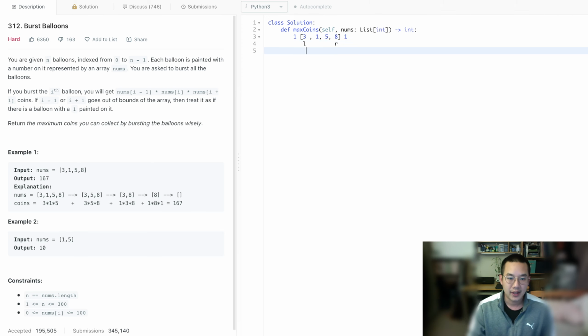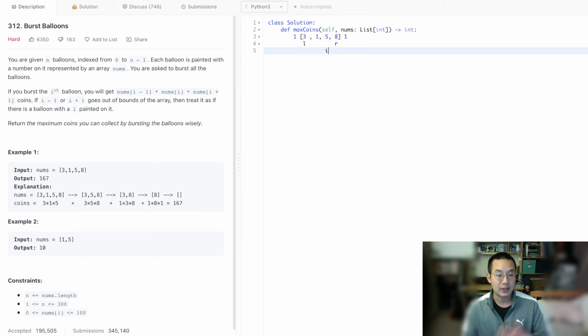And with that, we can break it down into subproblems and try every single item from left to right, and break apart the problem. Selecting a 3, we have to only work on 1, 5, and 8. And selecting a 1, we work on 3 and 5 and 8. And selecting 5, we work on 3 and 1 and 8. And selecting 8, we only work on 3, 1, and 5, breaking down the problem.